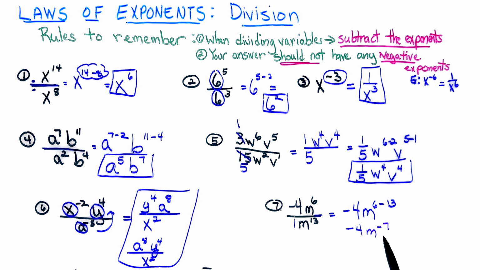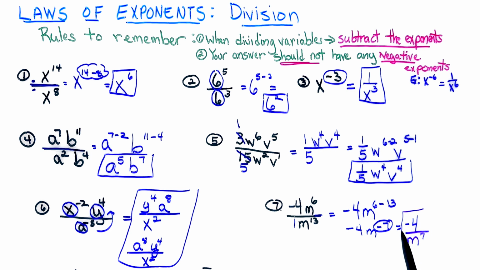When we look at this now, the 4 is fine. It's not a negative exponent, but here we do have a negative exponent. So our final answer for this would be negative 4, and that m is going to have to come down below, and it's going to be m to the 7th power.